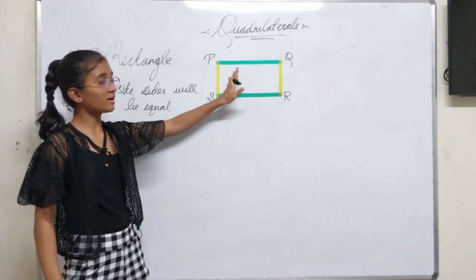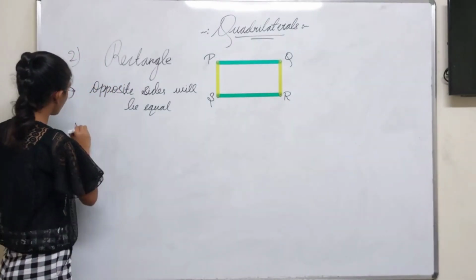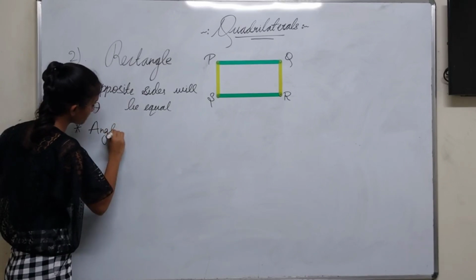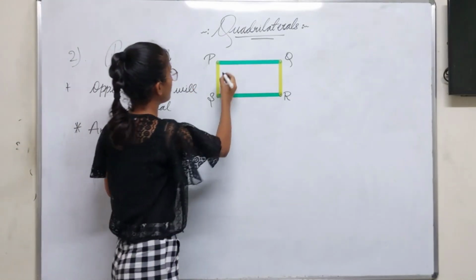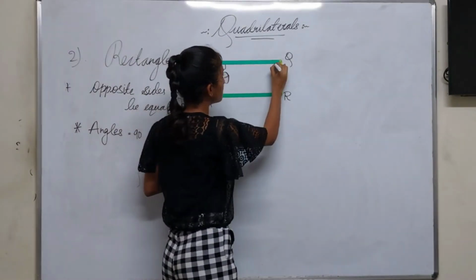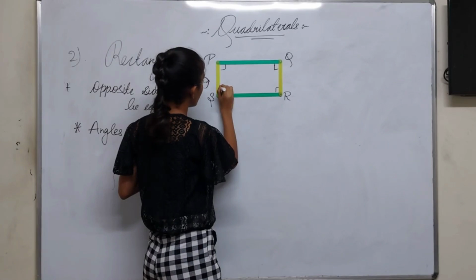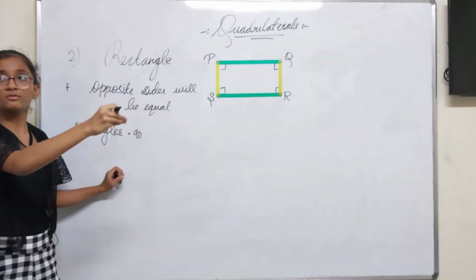And in a rectangle all the angles will also be equal to 90 degrees, which means angle P is equal to angle Q is equal to angle R and is equal to angle S, all the angles will be equal to 90 degrees.